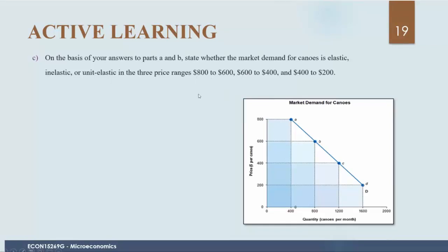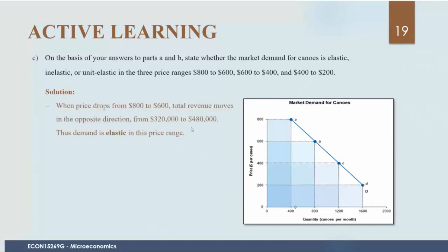So all we need to do is just look at how revenue changes and follow the rule of thumb I mentioned, or the slide that we looked at that showed exactly what happened for each of the different sections. So let's look at the first range.